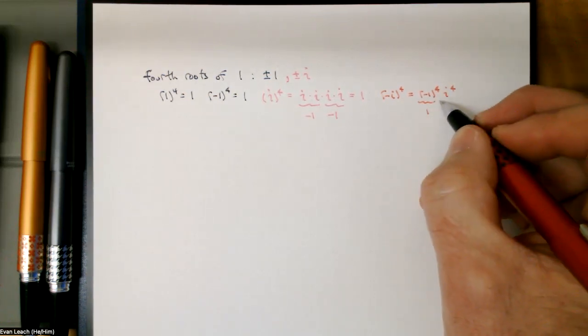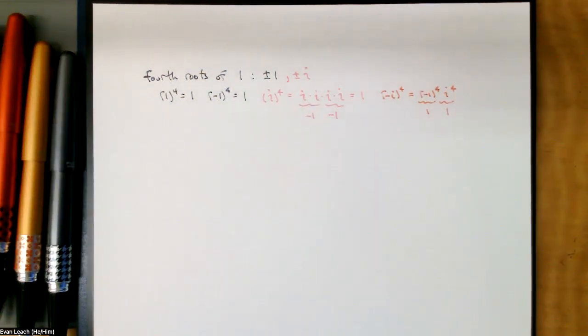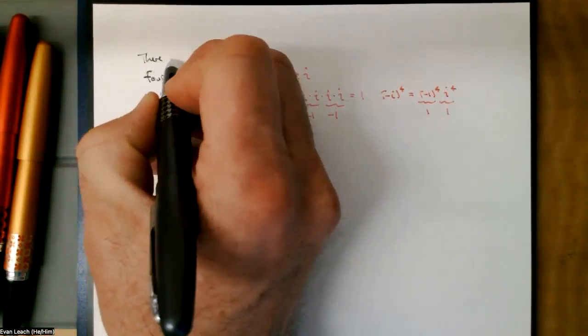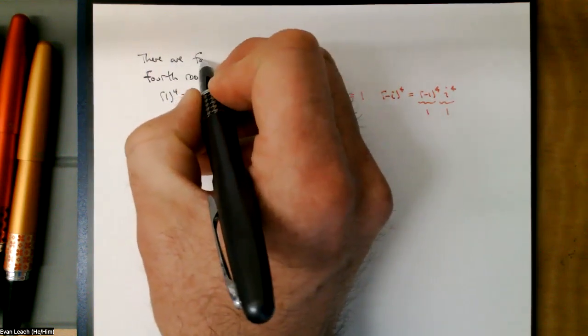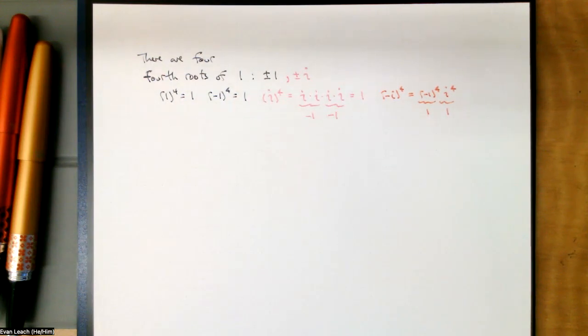And i to the 4th is also 1, like we just found. So there are 4 fourth roots of 1. Plus and minus 1 and plus and minus i.